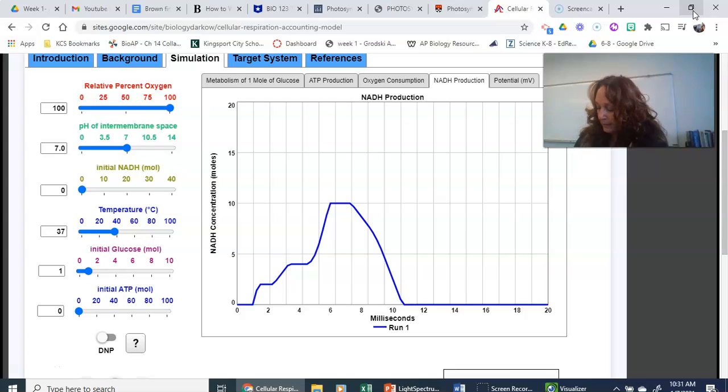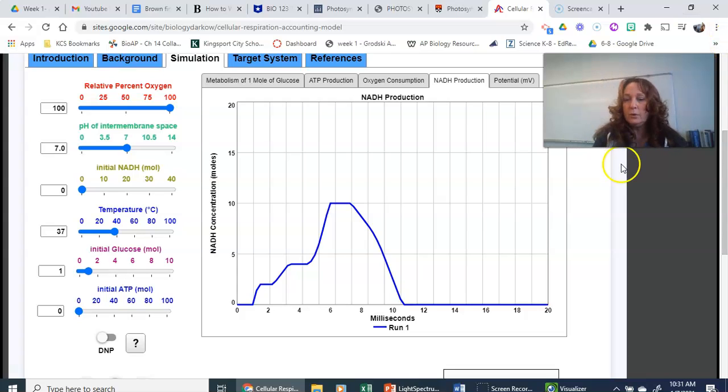I was at a physiological temperature, so that's body temperature, BT. You had 1 mole of glucose, and you had no ATP.